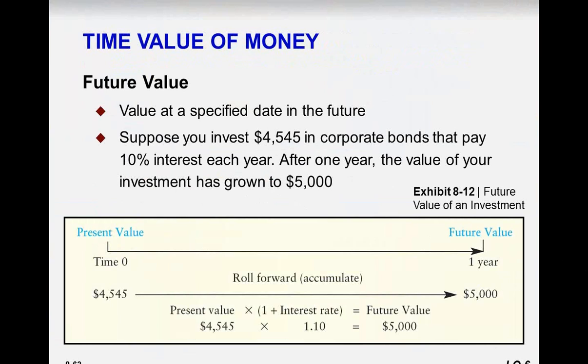So how does future value work? Future value is how much I would earn at some point in the future if I invested a set amount of money today. So if I know how much money I want to put in today, then how much will it be worth in the future? Suppose I invested $45.45 in corporate bonds that pay 10% interest each year.